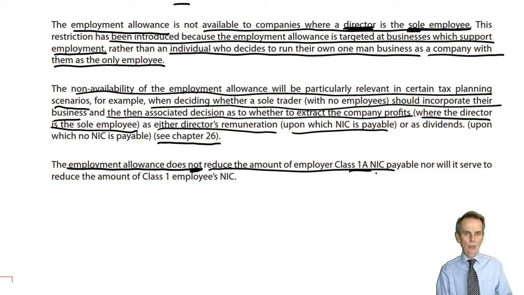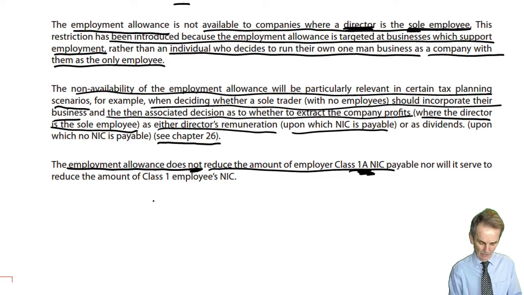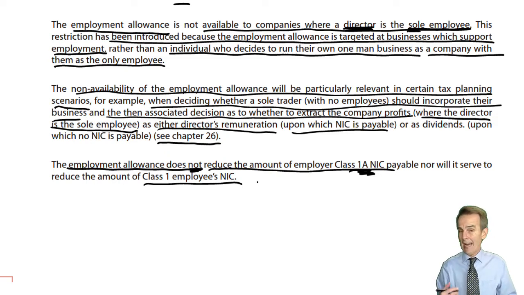Nothing else gets reduced by the employment allowance, not the Class 1 employee NIC. It's not going to be available to reduce anything other than the Class 1 employer NIC.